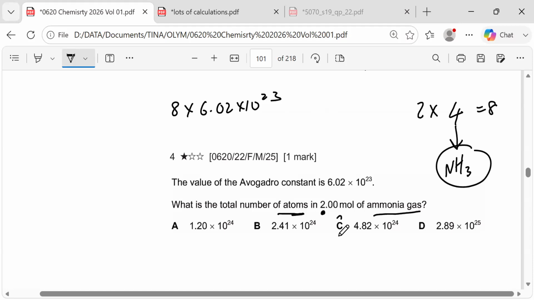So isn't it C? Do you understand why it is C?